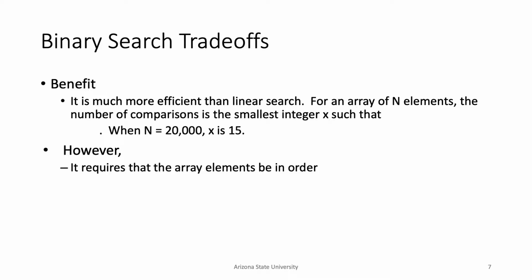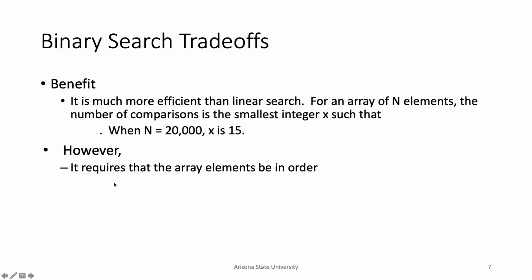Base 2, actually. So if you have 20,000 elements, on average, you'll search 15 entries of that array, which is significantly better than half of 20,000, which is 10,000. So that's obviously a good idea.